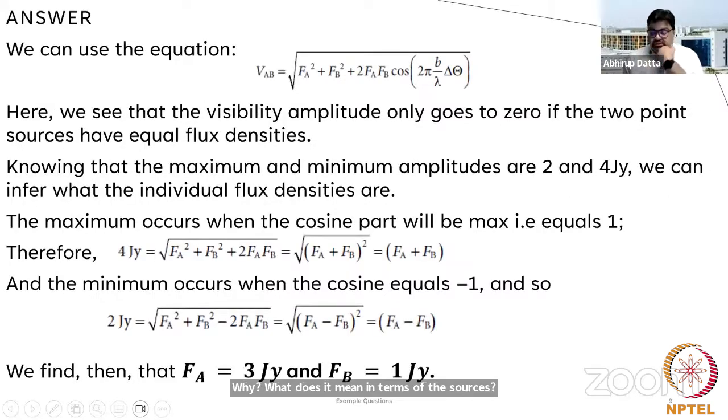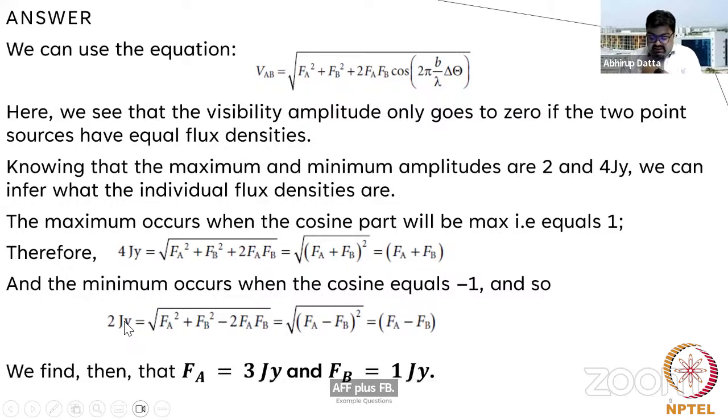So you can use the visibility function V_AB as F_A squared plus F_B squared. You have two sources, and you can derive the expression like this. So the maximum occurs when the cosine part is maximum, equal to 1. So 4 Jansky is equal to this, and that is F_A plus F_B, which is simple.